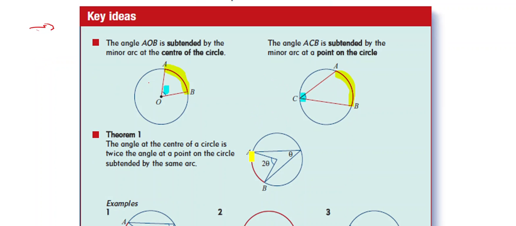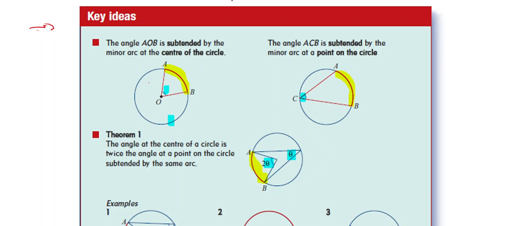If you can identify the arc, so this is the arc here, if the angle subtended is at the center of the circle, compared to the angle subtended outside the circle, there's a relationship. The relationship is if they're covered by the same arc, the angle that goes to the center is double that of the angle that goes to the outside.